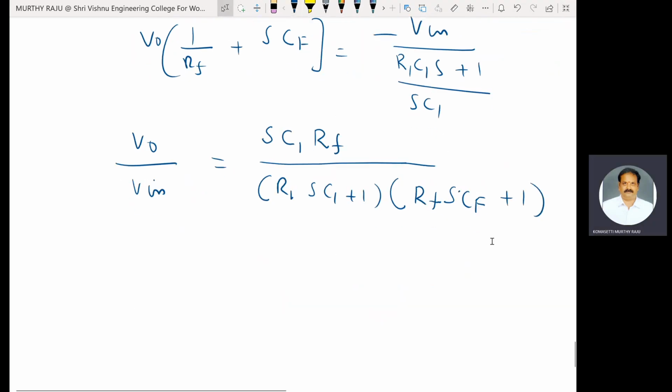This is the gain, that is also the magnitude of the gain of the practical differentiator.